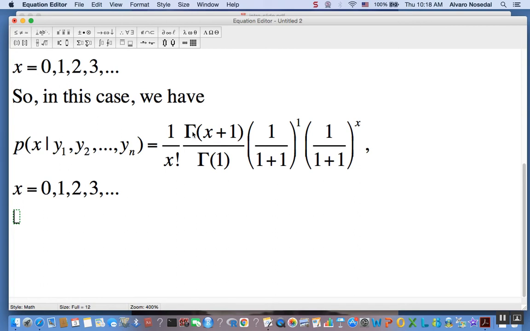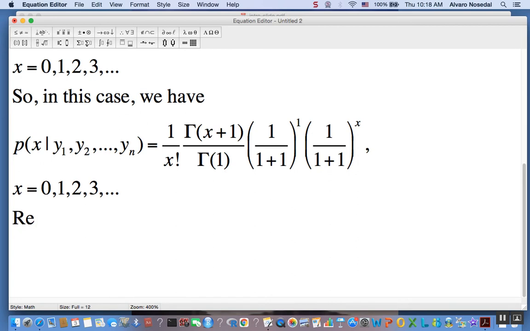One of the properties of the gamma function is that if you evaluate the gamma function at a positive integer, gamma of x plus 1, since x plus 1 is an integer, is going to be equal to the number minus 1 factorial. So in this case, this happens to be the same as x factorial.